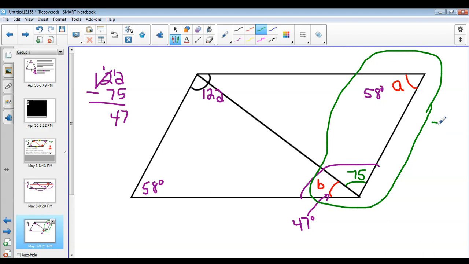So if I do 75 plus 58, let's see, that's 13, and I carry, and I have 133, and then I have 180 minus 133. I hope my answer is 47. And it looks like my answers agree. So two different strategies for solving for the same angle, and I get the exact same answer.